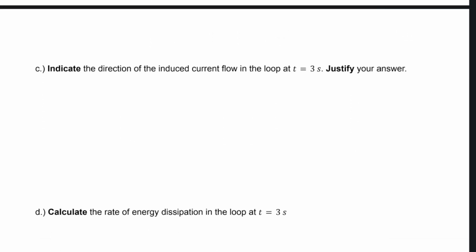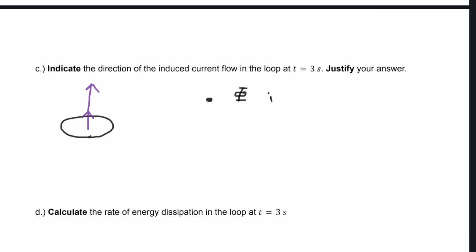All right. Indicate the direction of induced current flow in the loop at t equals 3 seconds. Well, again, here is a picture that will definitely help. So again, we have a magnetic field that's out of the plane of the loop, and it's getting stronger. As such, the induced current is going to generate a field that opposes the flux change. Generally how I do this is I figure out what kind of change in flux we have.